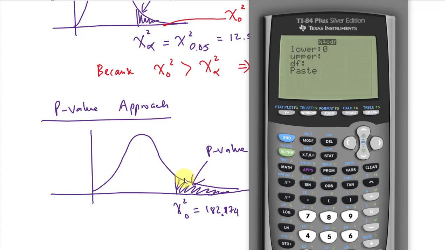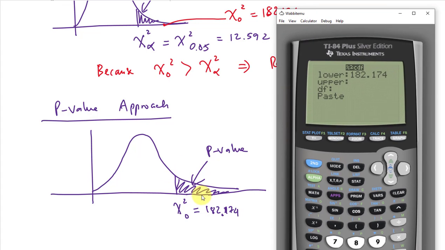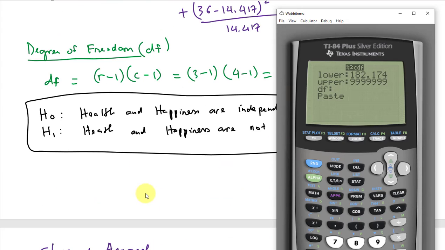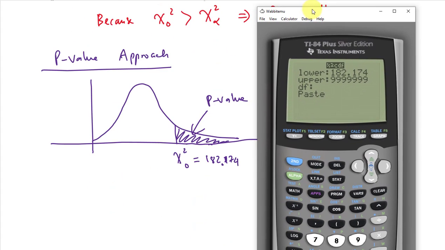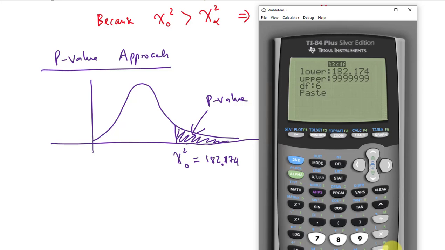The lower bound starts from right here, 182.174, and you want the area from this point all the way to the right. The upper bound is a very large positive number, so 9999. The degrees of freedom is still 6. You put 6 in, paste the value, and hit enter.